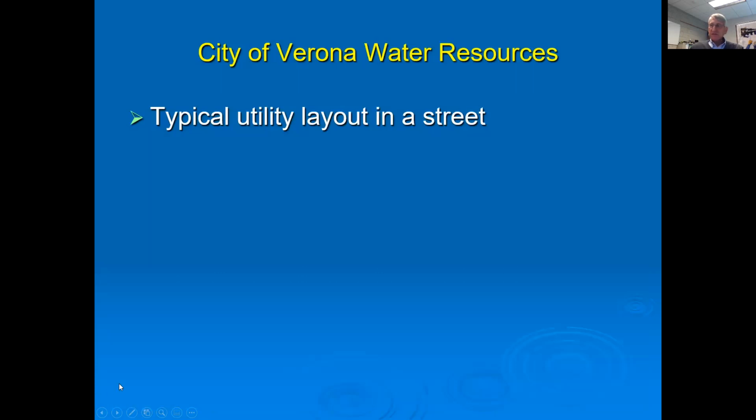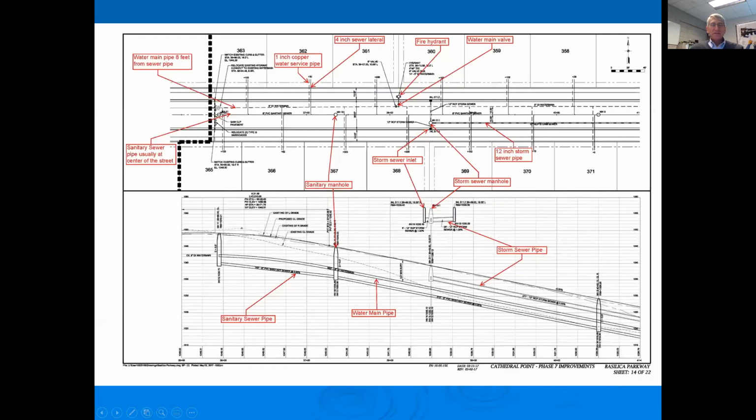Now I'm going to just quickly show you the construction drawing showing typical layout of utilities in our streets. This is a relatively new subdivision, and you're looking at what's called a plan and profile sheet. In this case, we've got the dash line on the top of the map, and that represents our water system, with dash lines going into each of the lots, which is the water service.